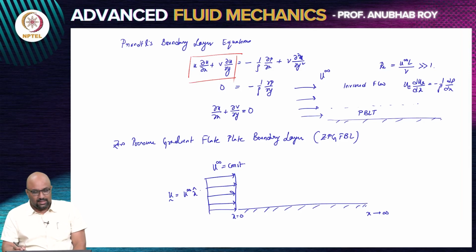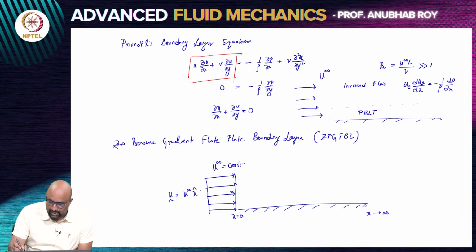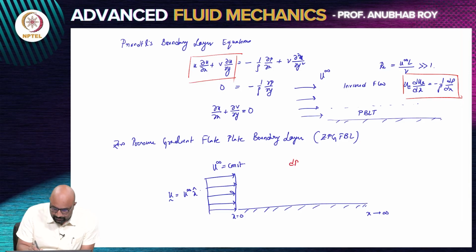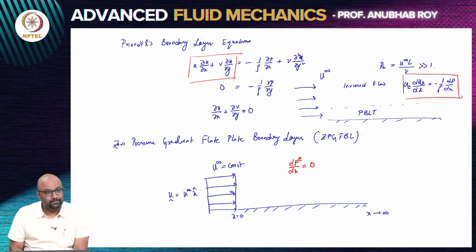Because this is a uniform flow that is incident, from our inviscid equation, you can see that the pressure gradient would be 0.